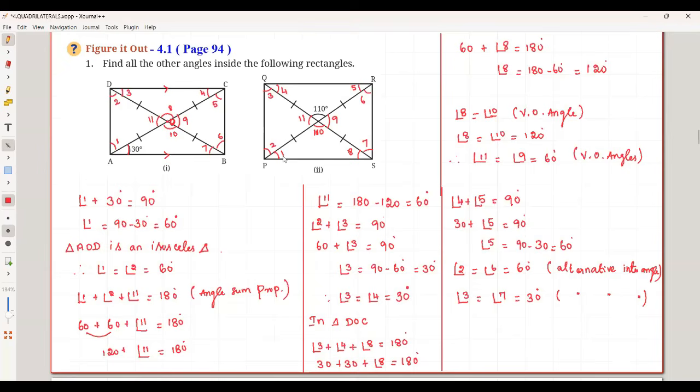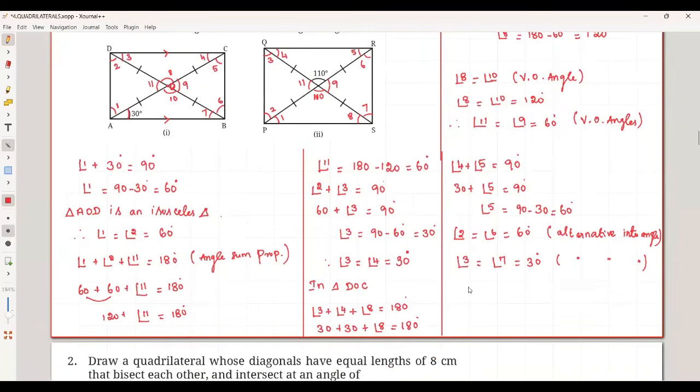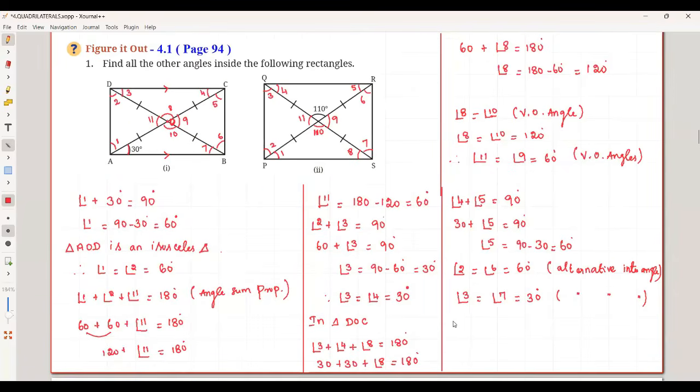If you get 1 and 8, you can easily find all the other angles. So I'll do the calculation for finding angles 1 and 8.